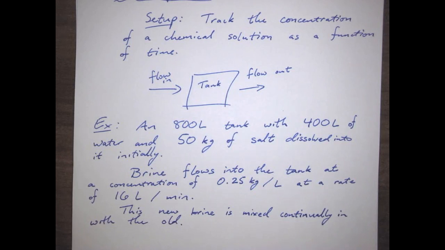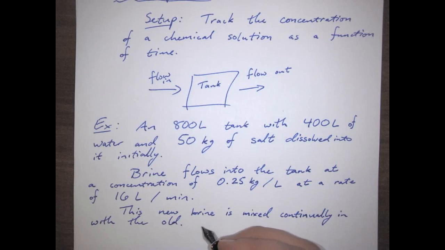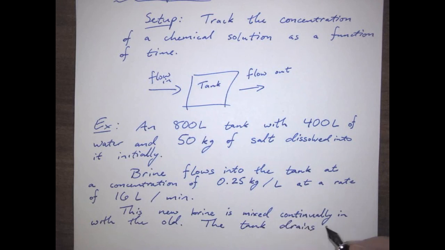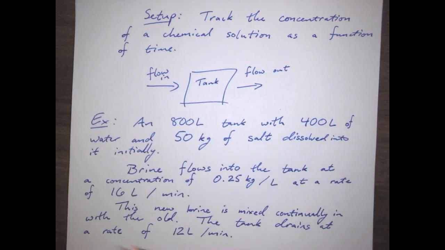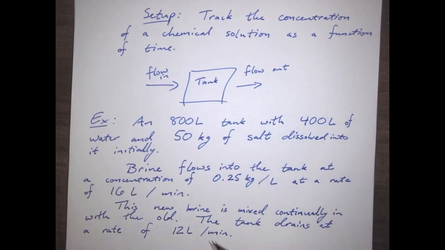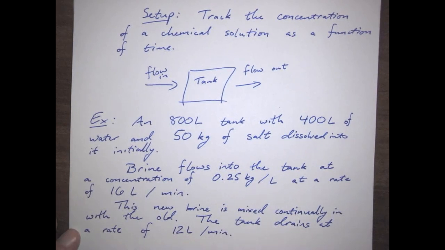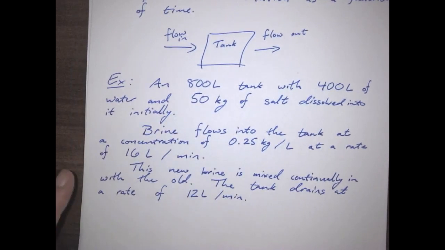Meanwhile, the tank drains at a rate of 12 liters per minute. So notice that it is flowing in faster than it is flowing out. So that means the tank, which is initially half full, will be getting fuller and fuller and fuller.